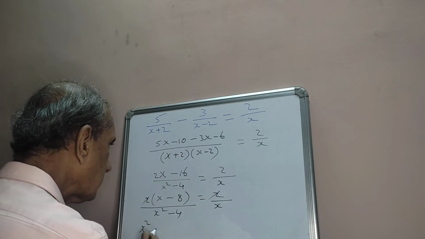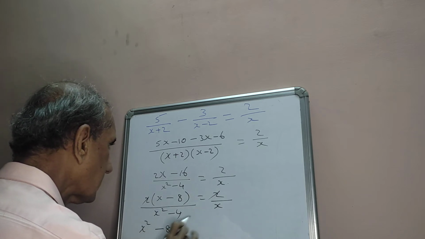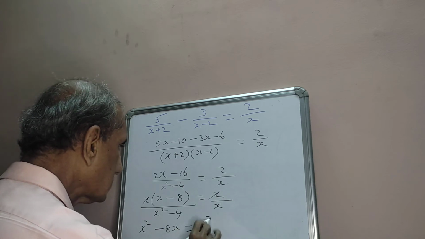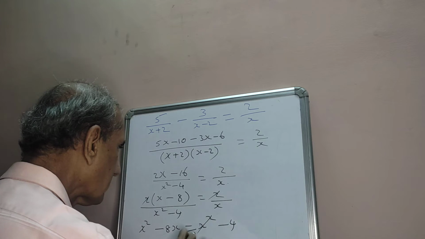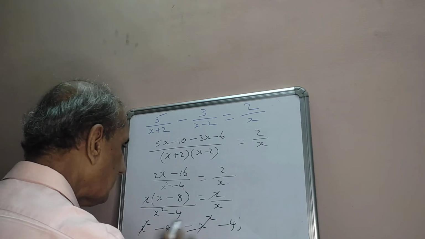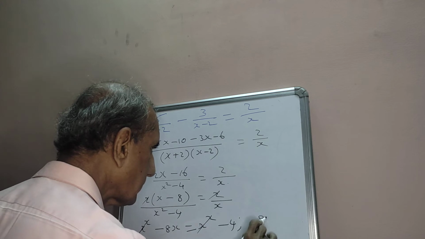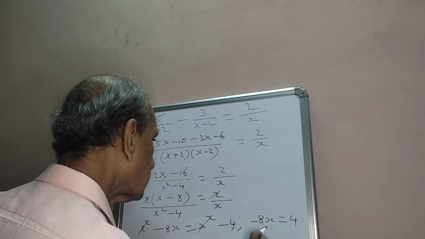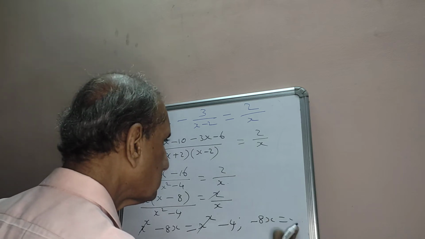So x squared minus 8x is equal to x squared minus 4. This gets cancelled. Ultimately I get minus 8x is equal to minus 4.